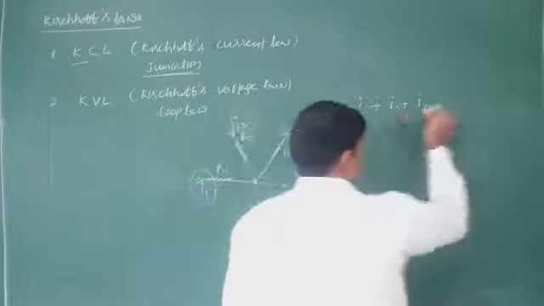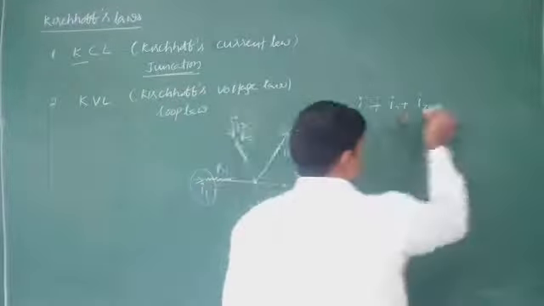This is the first resistor P, and this is the second resistor Q. This is the third one R, and the fourth one is S. By using these four resistors, we can form the four junctions.